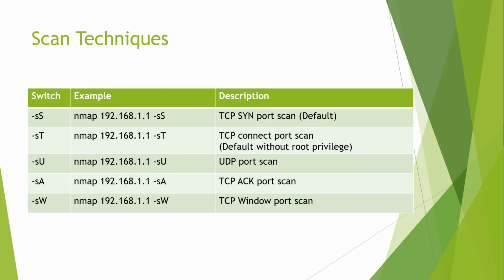If we want to use different scanning techniques, we could do a -sS, and that will do a TCP SYN port scan. That's the default scan. We could do a TCP connect port scan, UDP scan, TCP ACK, maybe a Window scan, and so forth. Again, we're going to do each one of these types of scans so that we can see possible output.